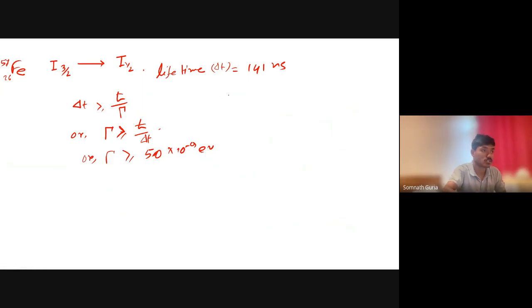The resolution of the spectra can be written as gamma by E, which is actually 3.3 times 10 to the power minus 13.